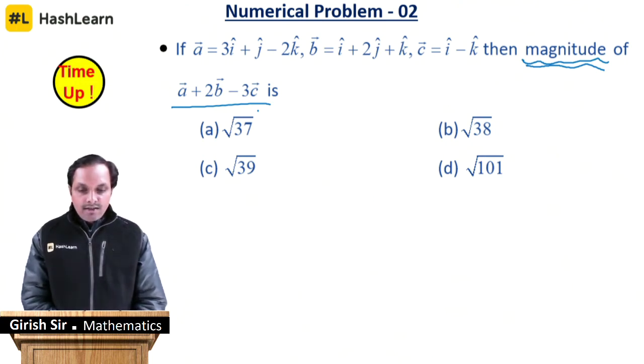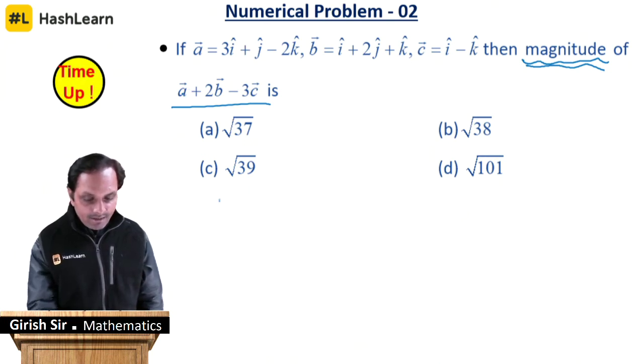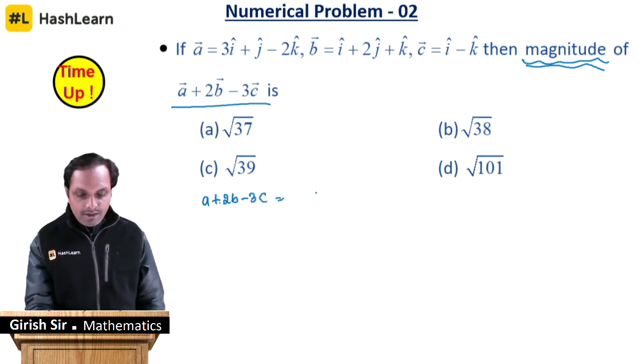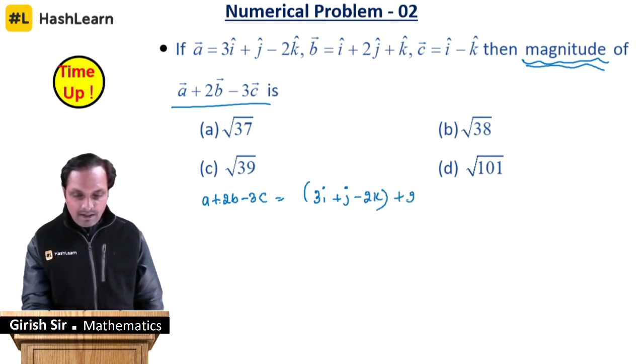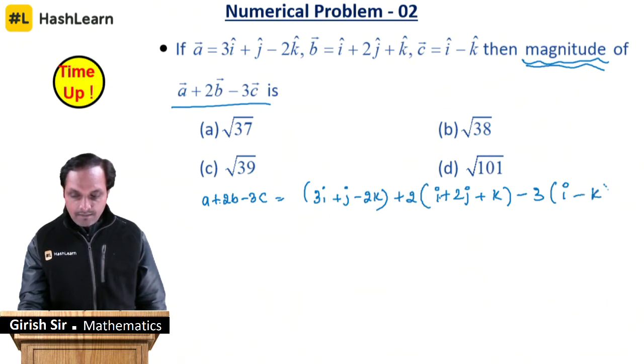Okay, so let's see now. We need a plus 2b minus 3c. So what is it? It is 3i plus j minus 2k, plus 2 times b, which is i plus 2j plus k, minus 3 times i minus k.